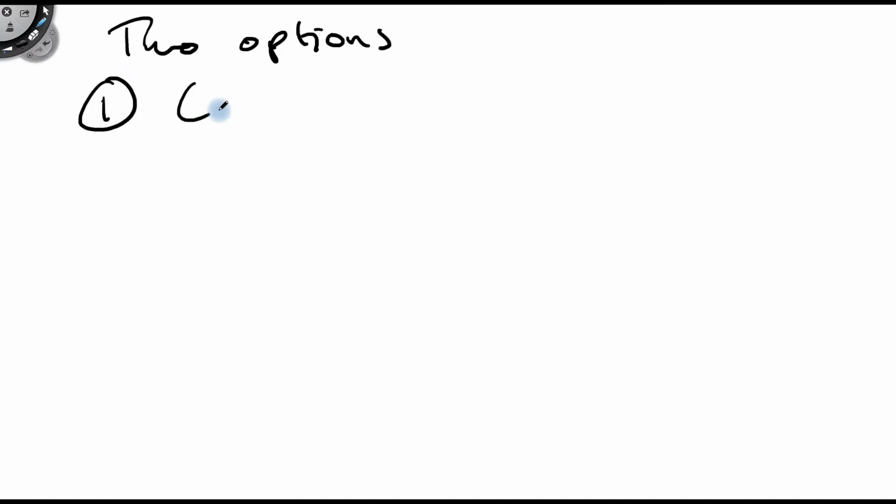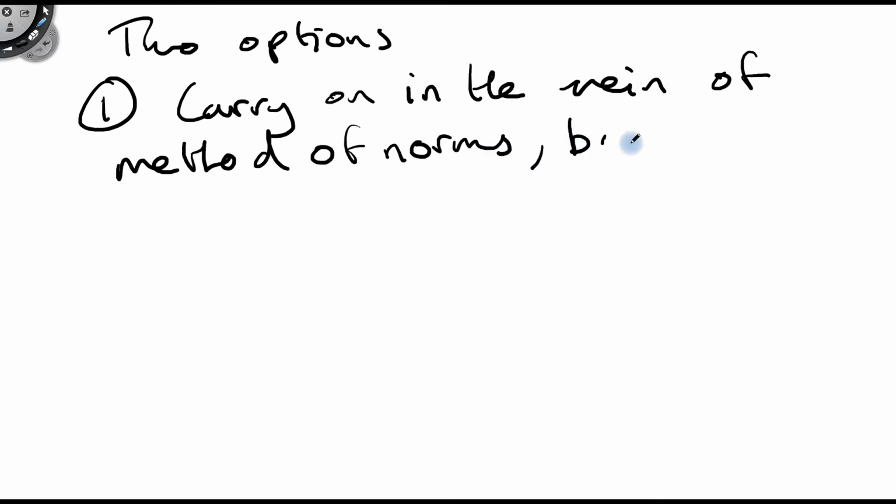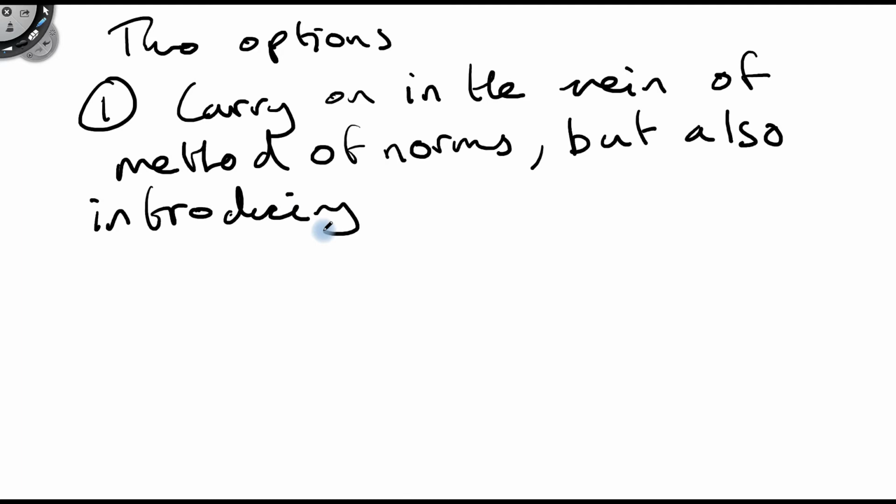One is to carry on in the vein of the method of norms that we've done previously, but also introducing ideas such as irreducibility.